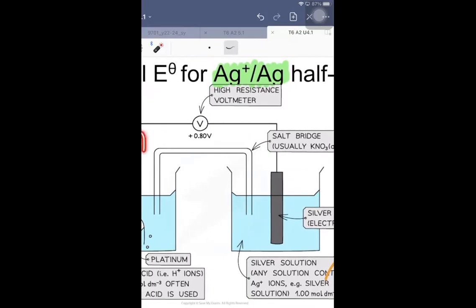So at least if you put it in a tube, there's no way that this hydrogen gas can escape, but to drop down and have contact with the solution that contains H plus ions.